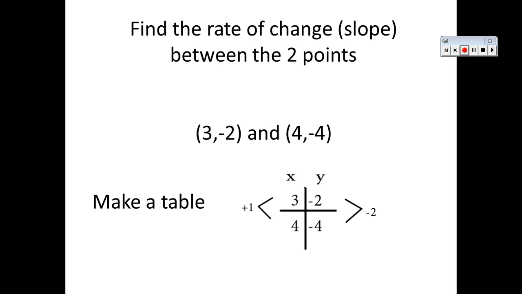So your rate of change is the change in y over the change in x. So negative 2 over a positive 1, which is negative 2. So your slope, your rate of change, is negative 2. If you're thinking about rise over run, since the top number is your rise, you would go down 2, and your bottom number is 1, and you would run 1.